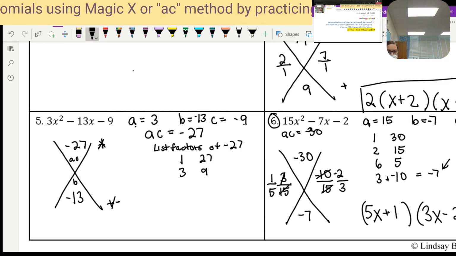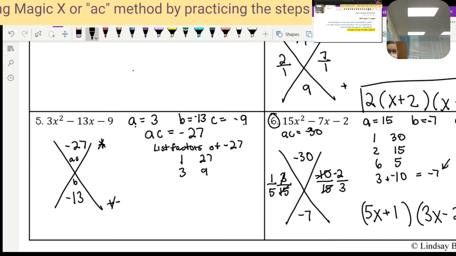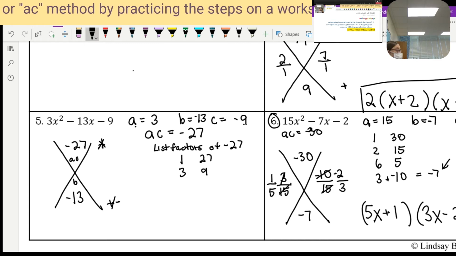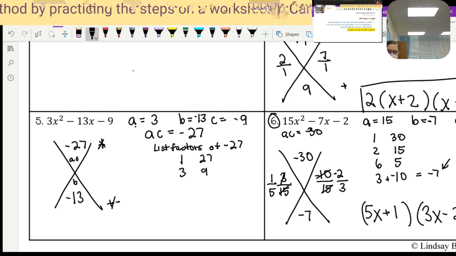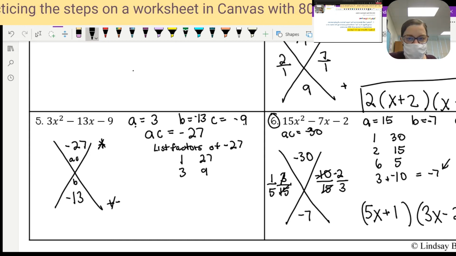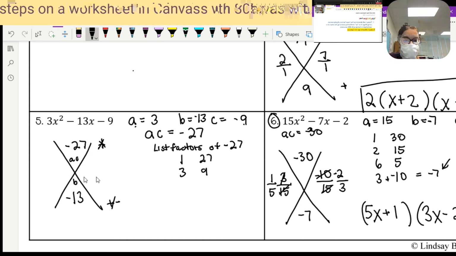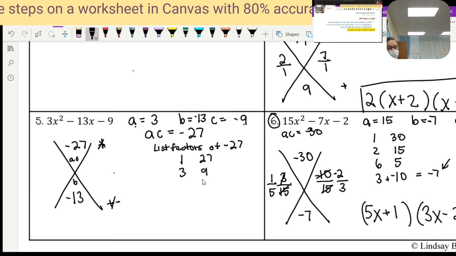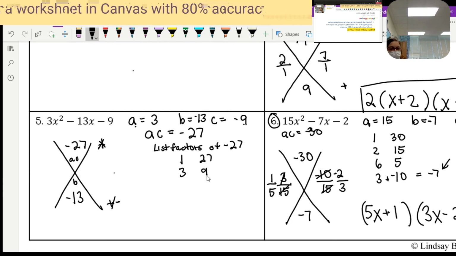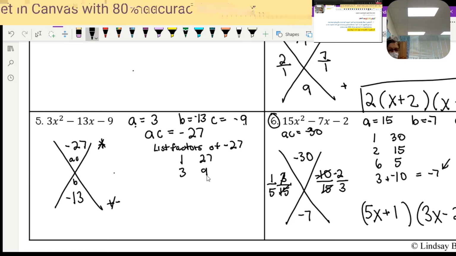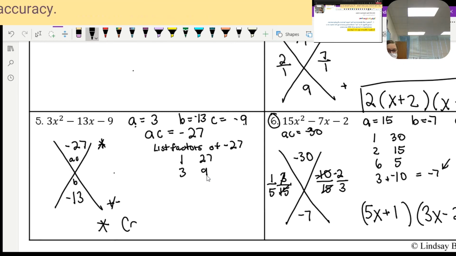I think that's it. So I think we might have found one that's not factorable. I'm going to double check and make sure I didn't make any errors. Number 5. Yep. Because we found all of the factors of 27 and there's no way that we can ever get a -13 from those, that means that this one cannot be factored.